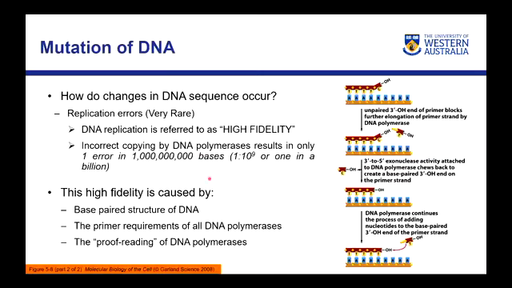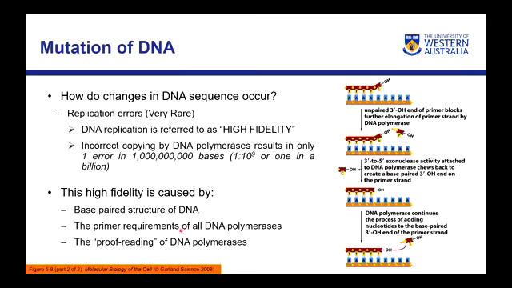It's very accurate. The reason for this high fidelity is the base pairing structure of DNA, and the fact that DNA polymerase requires a primer. Remember the primer, where DNA polymerase attaches at the 3' end nucleotide residues, and the primer is synthesized by, can anyone remember?